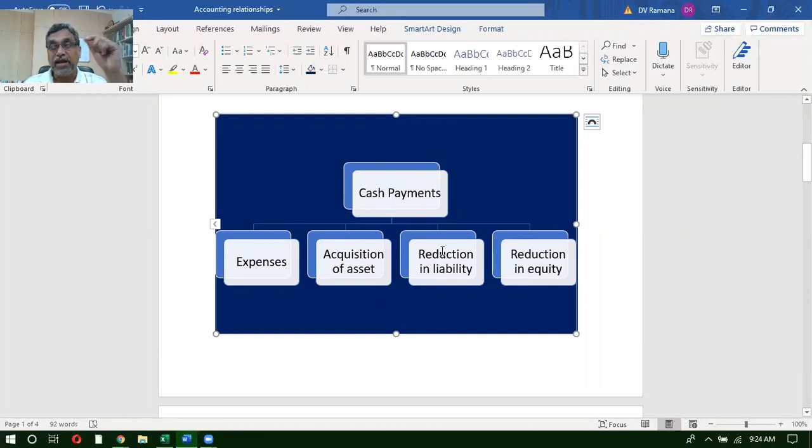So cash payment by a company may be an expense, may be for acquisition of an asset, for reduction of a liability, or may lead to a reduction of equity.